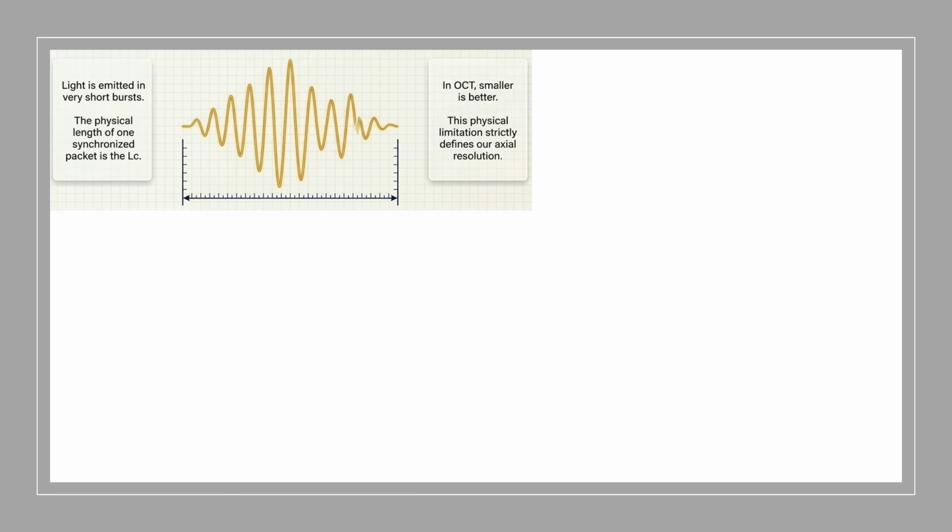Now we will speak about one of the main important principles of the physics of optical coherence tomography, which is the light source. What makes OCT differ from ultrasound or any other imaging machine is the light source.